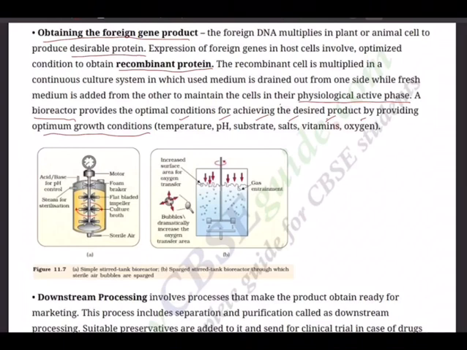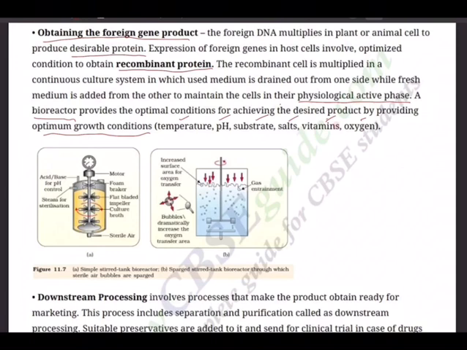After the cloning of the gene of interest, one has to maintain the optimum conditions to induce the expression of the target gene and consider producing it on a large scale for business purposes. If any protein-encoding gene is expressed in a heterologous host, it is known as a recombinant protein.